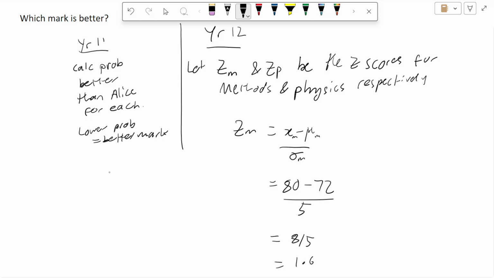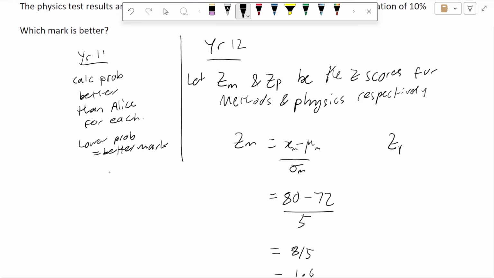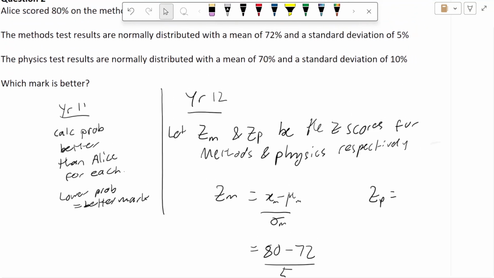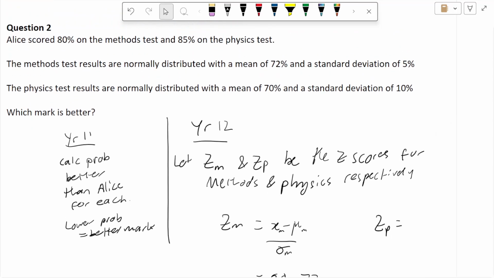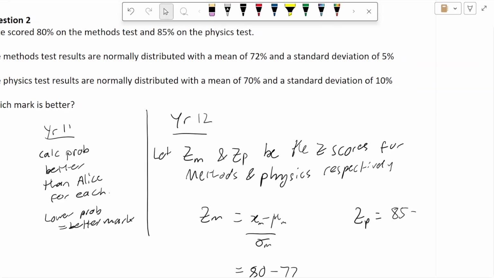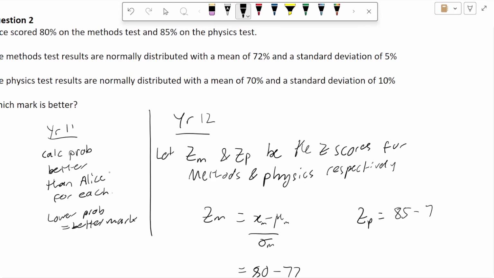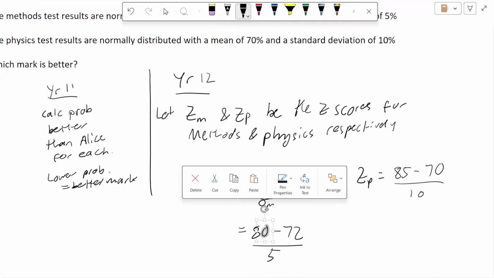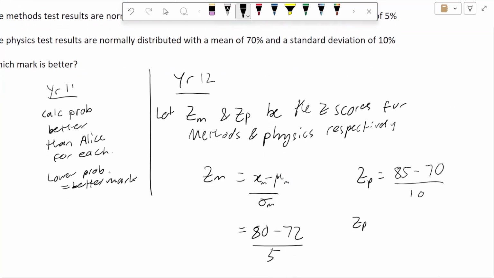Z for physics: she got 85% on physics, the mean for physics was 70, and the standard deviation was 10 in that case. So Z for physics equals 15 over 10, or roughly 1.5.